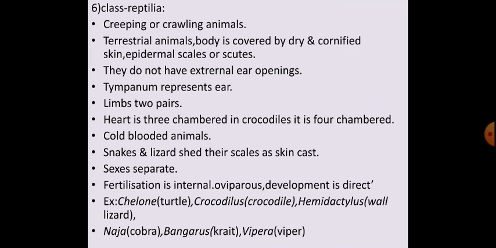So they do not have external ear openings. Instead of ear, tympanum is present.